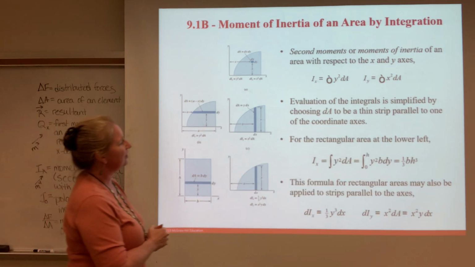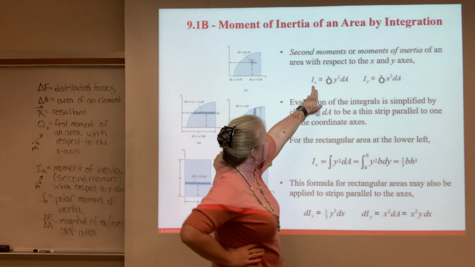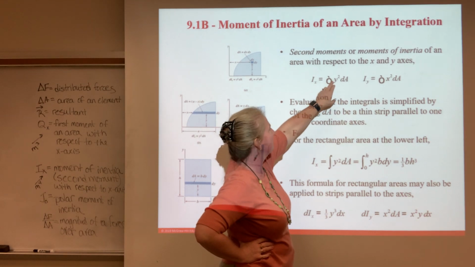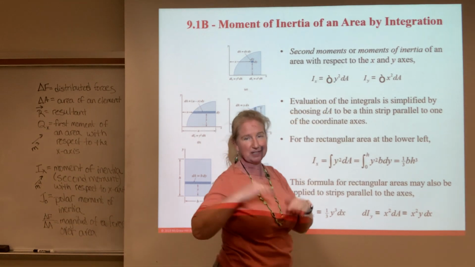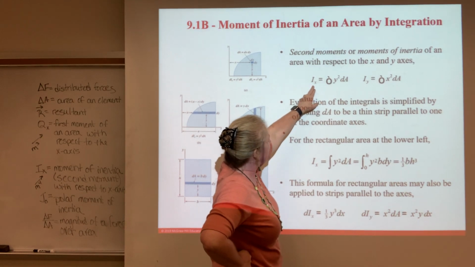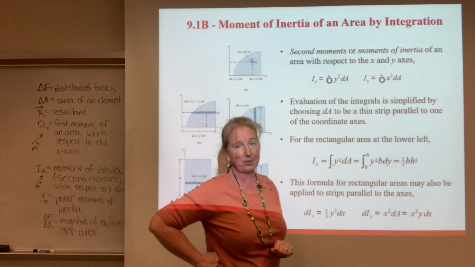All right, so as I calculate these, the moment of inertia with respect to the x-axis, again, this should be an integration symbol. I'm not sure what that is supposed to be. Makes me want to say away is what it makes me want to say. This is the moment of inertia with respect to the x-axis, and with respect to the y-axis.